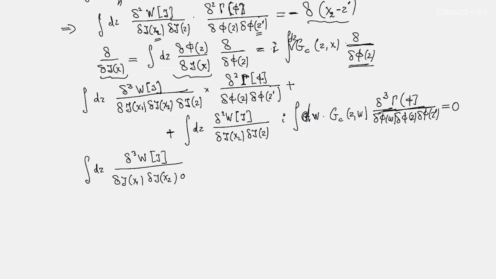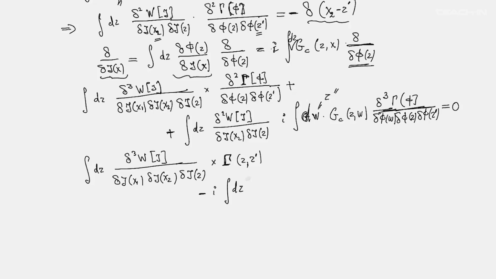This second variational derivative is nothing else but the kernel gamma on z prime, minus i, and here I substitute, let me make it z double prime. So I write it as dz double prime. So the original integral was over dz, and now there appears an integral over dz double prime.